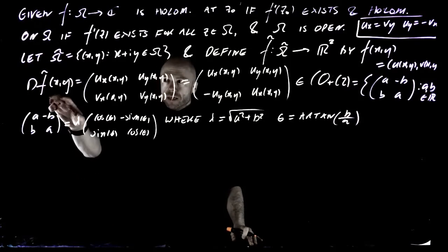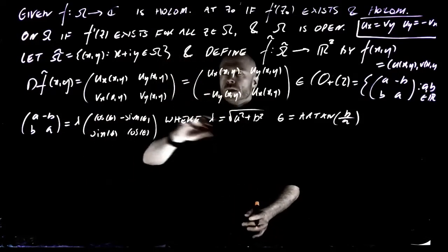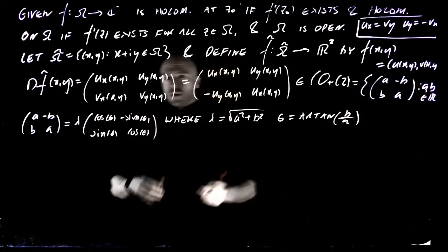So what we find out is that this representation of a holomorphic mapping as a mapping from R2 to R2 actually satisfies a differential inclusion.